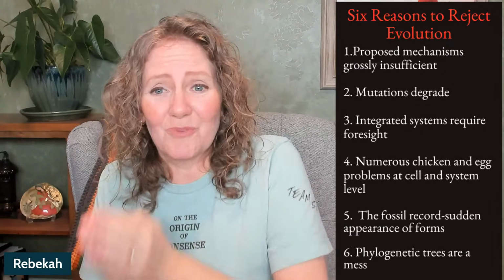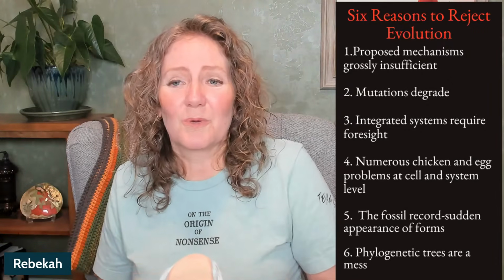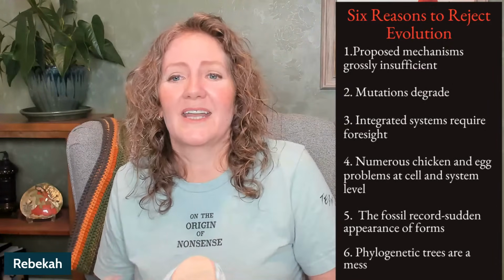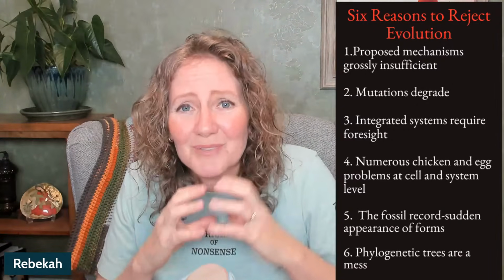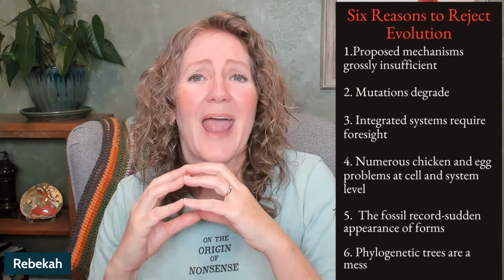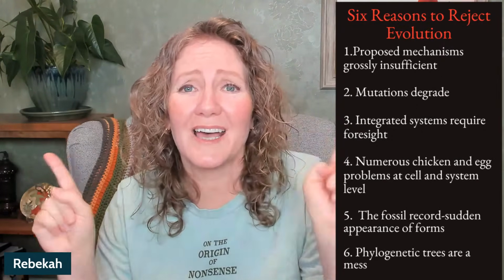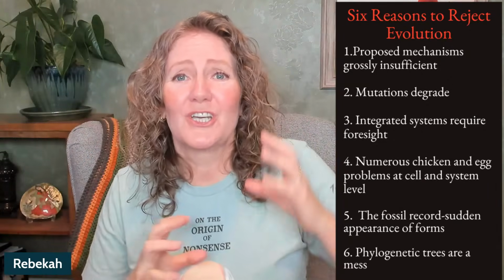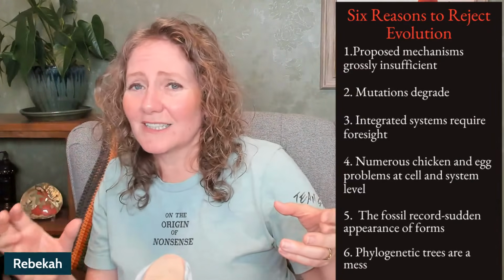Then number 4, the fourth reason to reject evolution, is numerous chicken and egg problems at the cell and system level. Look, down to the simplest cell, there's so many things in the cell that you have to have in place simultaneously. You do not have millions of years to get one part to evolve and then millions of years to get another part to evolve.